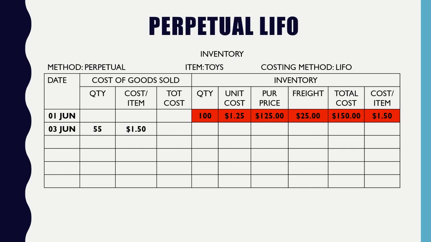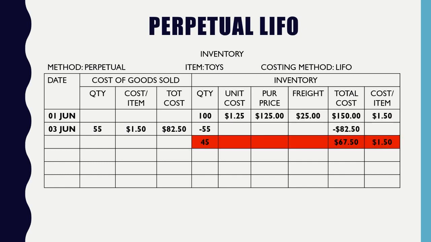Then we calculate $1.50 times 55 items, which gives us $82.50. We subtract that out to give us a remaining balance in my red batch of 45 items left for $67.50.